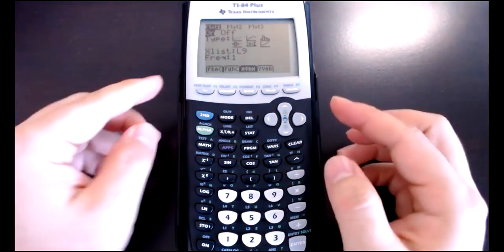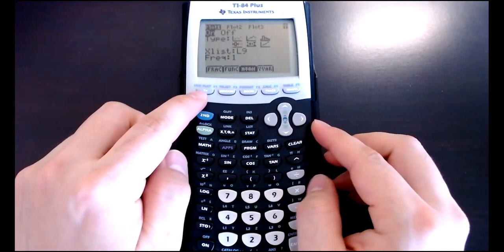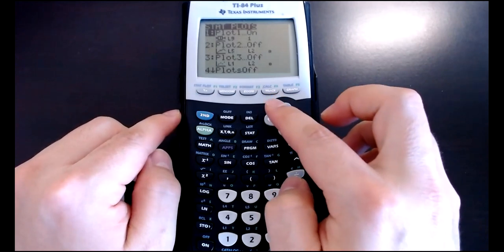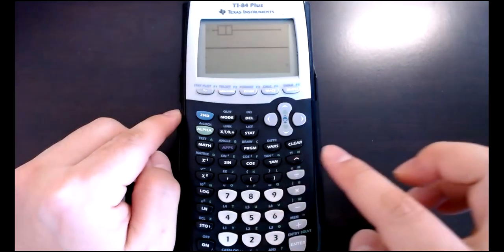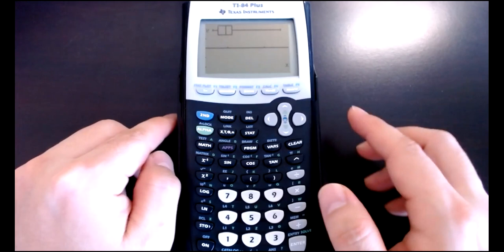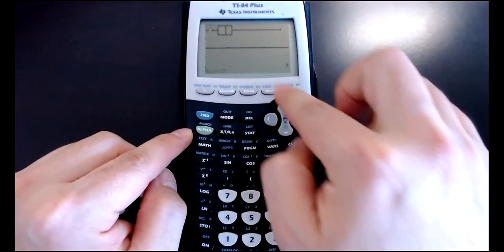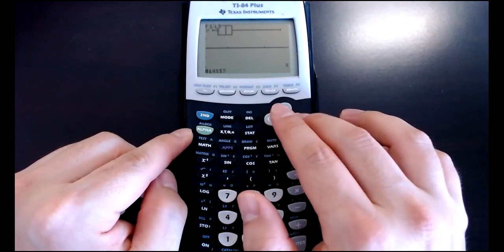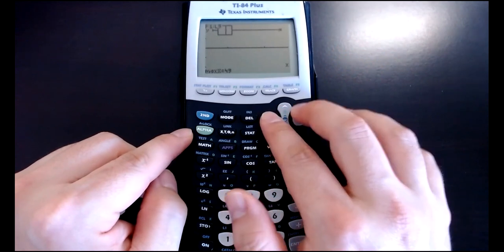Then press second, stat plot, go to the stat plot, and then press zoom, and then press 9. Then press trace, just press the trace key. Then you see the minimum value, Q1, median, Q3, and maximum value.